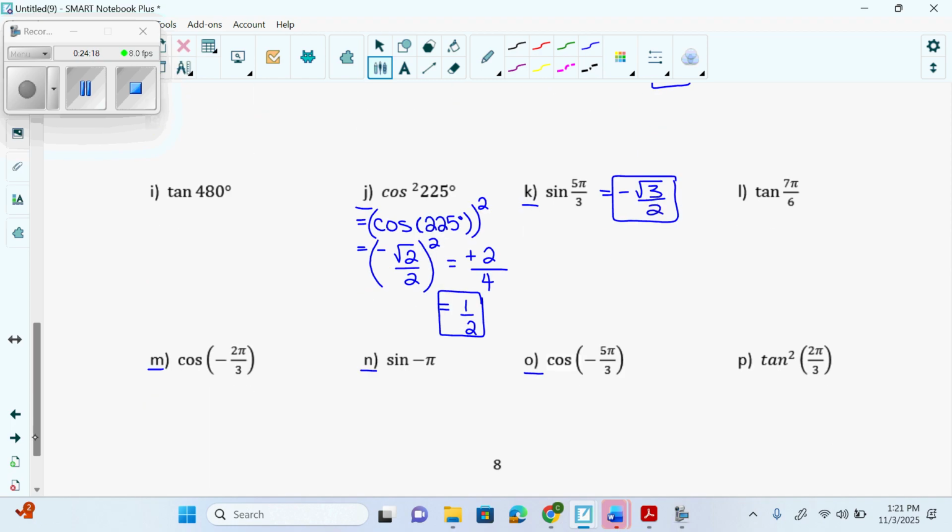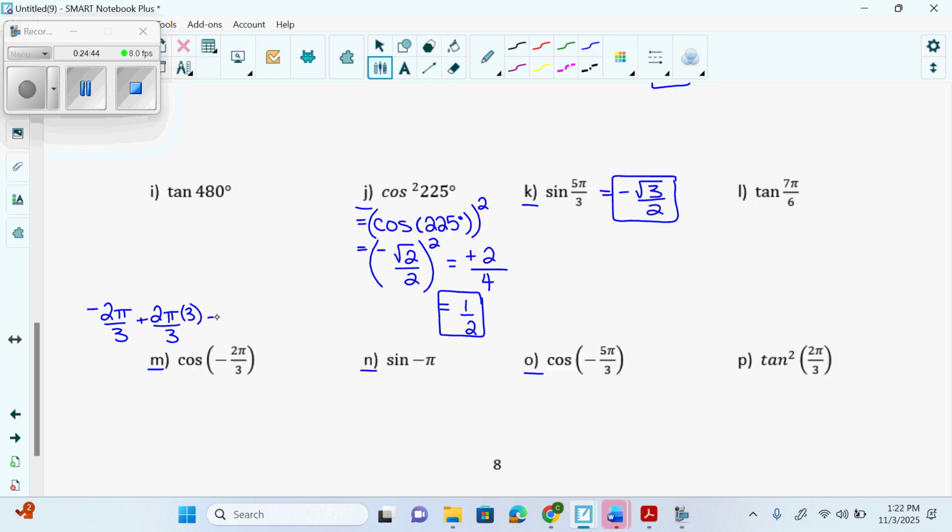Okay, cos negative 2 pi over 3. You could envision negative 2 pi over 3 going clockwise. Or you can find the coterminal. So I would get negative 2 pi over 3, and I want to add 2 pi to it. The catch is I need a common denominator, correct? So I need this to be over 3, which means I need to multiply this as well by 3.